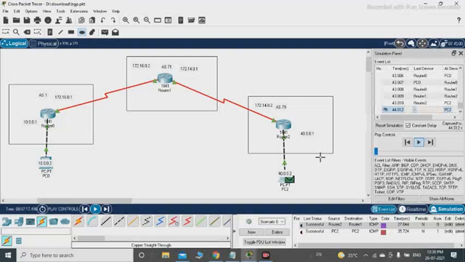For setting up BGP, we need an AS, that is an autonomous system, and the routers will be connected under different domains over the network, and based on the configurations we can see how data packets are transferred.